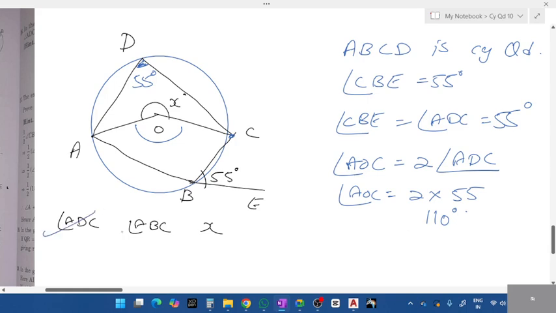So ADC is done. Next they have asked ABC. What about ABC, students? What's the answer for ABC? If D is 55 degrees, what about angle B? Angle ADC plus angle ABC should be equal to 180 degrees, as opposite angles.